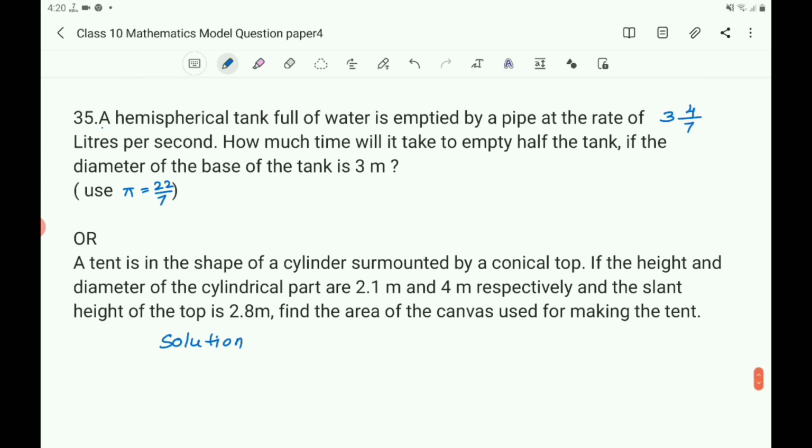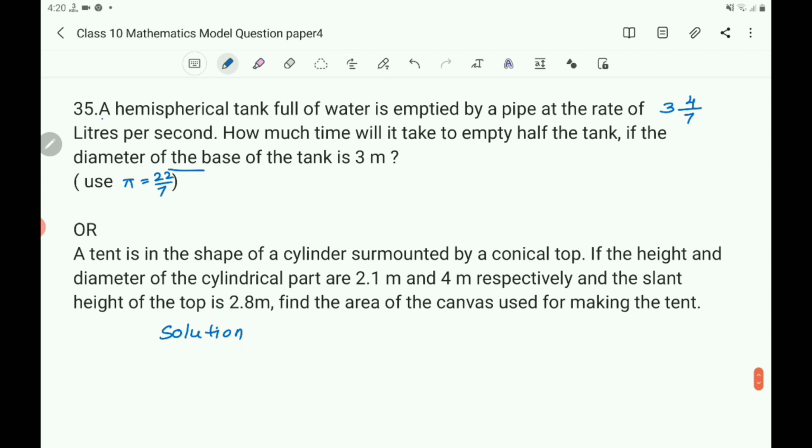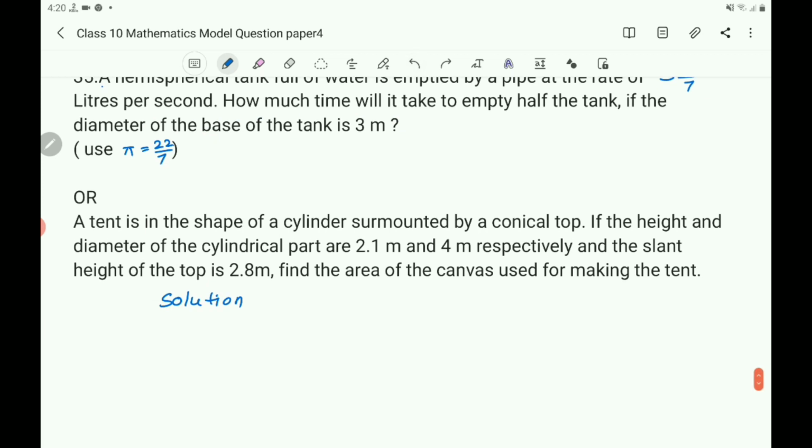What is given here? The diameter of the base of the tank is given. So use that to get the radius. You know that r equals 3/2 meters, and the volume of the hemispherical tank you have to find out.